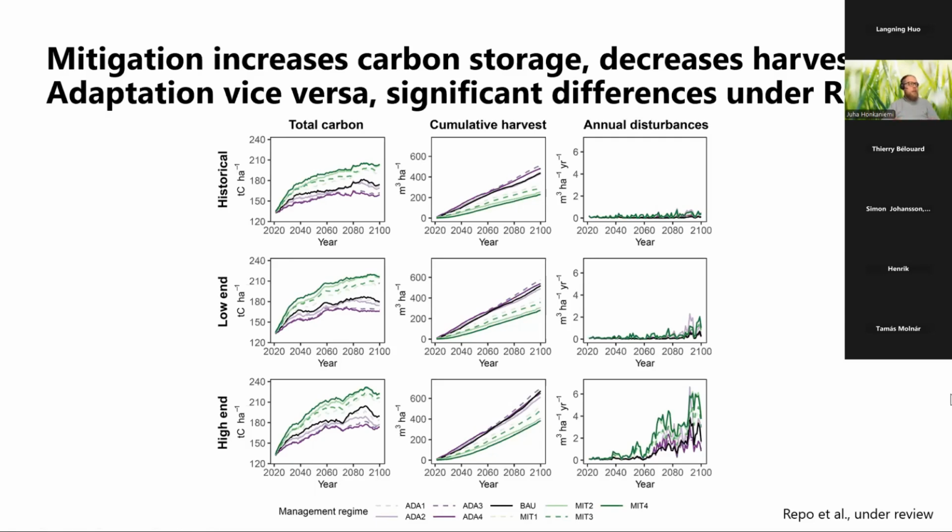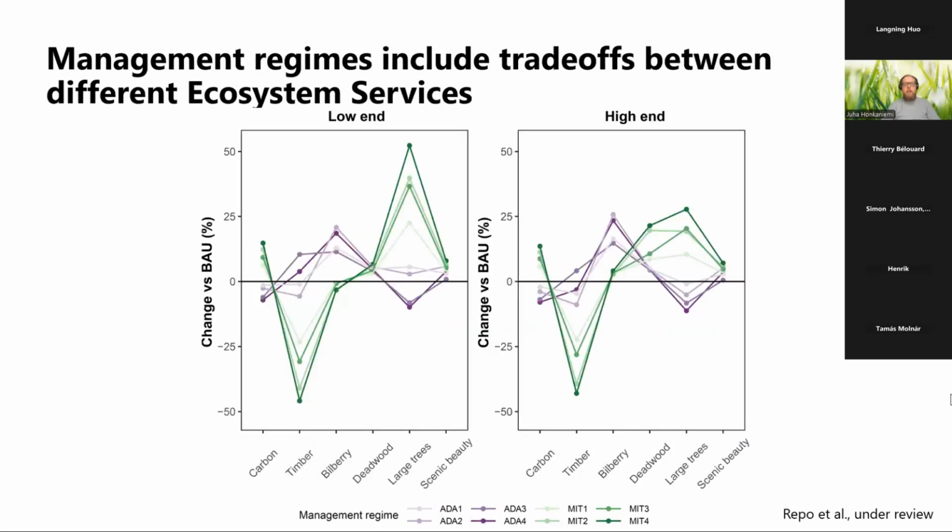Carbon and timber harvest are only two ecosystem services provided by forests. And we wanted to see also how these management regimes are affecting other ecosystem services as well.